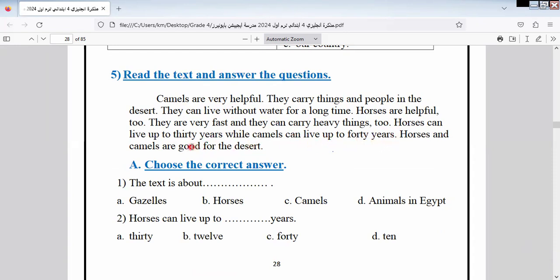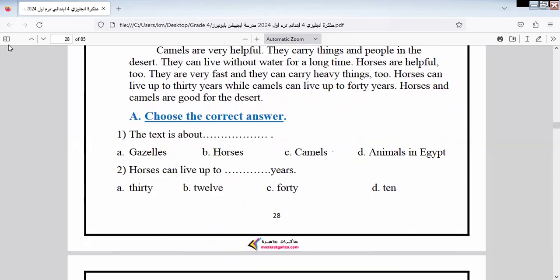So the camel lives longer than what? Camels live longer than the horses, because camels live 40 years, but horses live 30 years only, okay? Horses and camels are good for the desert.